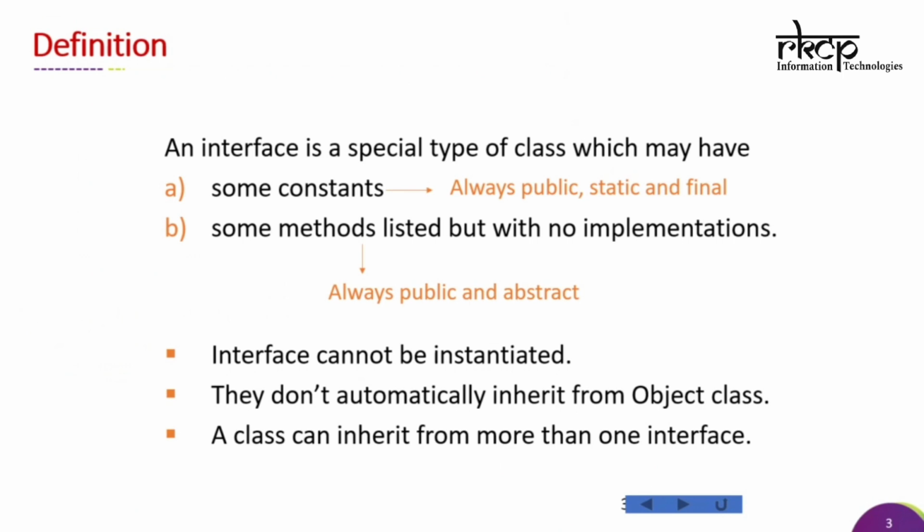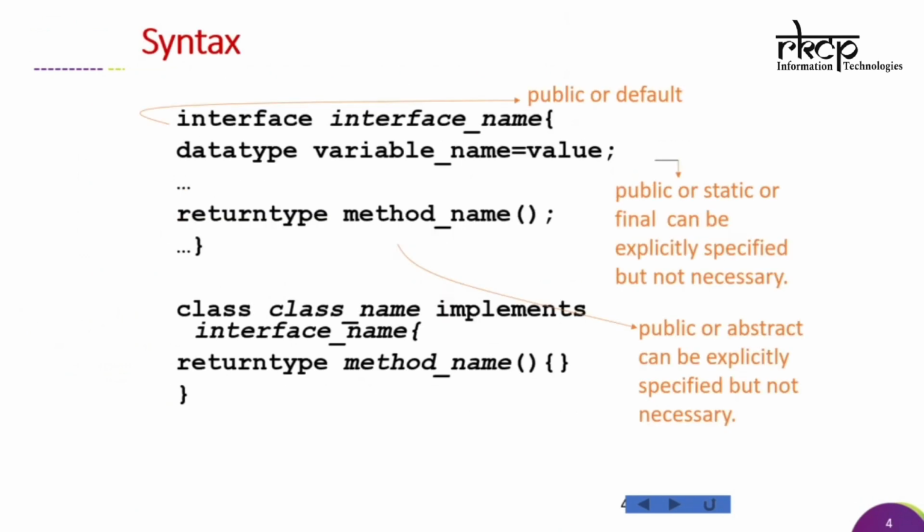So how do you maintain loose coupling inside the project? You maintain loose coupling via interface. Interface helps you to access your class indirectly.